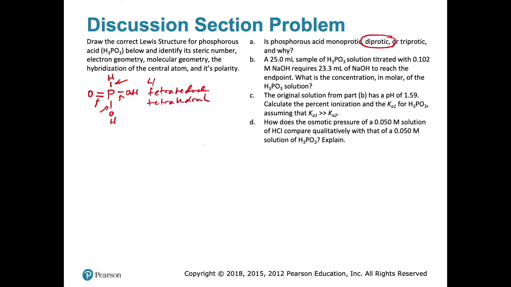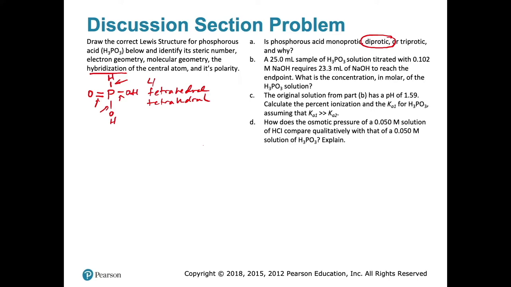Okay? Now, if it had a lone pair, it'd be trigonal pyramidal, right? But it's not a lone pair. It's 4 bond groups with no lone pairs, so it's going to be tetrahedral. Okay? And then it's asking for the hybridization of the central atom. The central atom is phosphorus, and it has 4 electron domains on it.